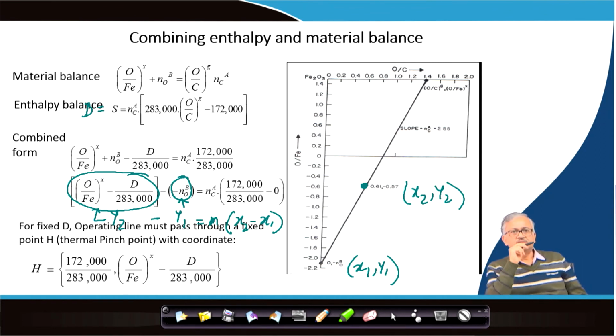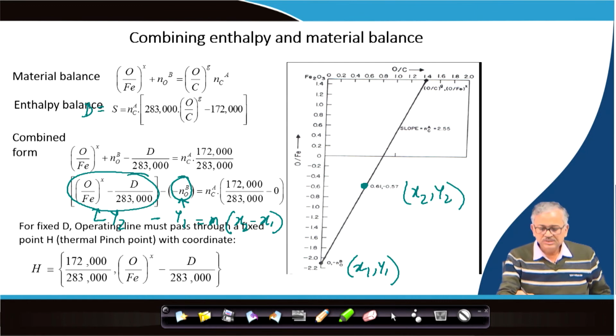So x2 is equal to 172,000 divided by 283,000, and this number is basically 0.61, and y2 is O by Fe, that is 1.5 minus heat demand by 283,000. For a particular heat demand, its value, as I am showing, is 0.57.